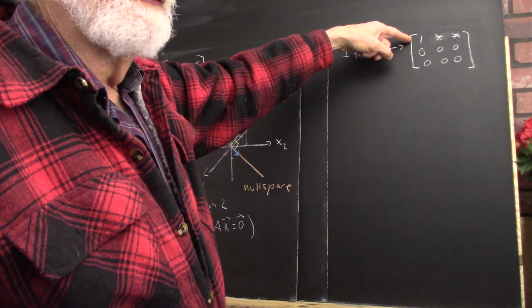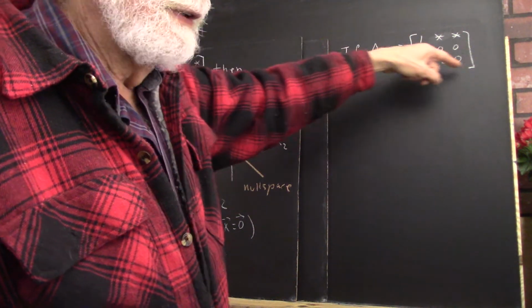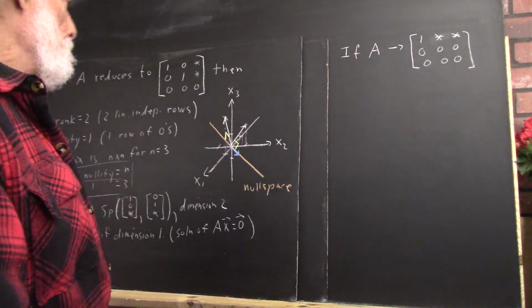So when you do your first step of reduction on the second row, it's going to give you all zeros. Do your first step of reduction on this row, it's going to give you all zeros. So A would reduce to this.